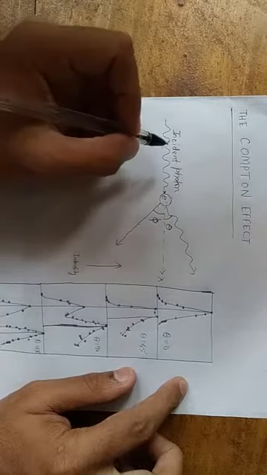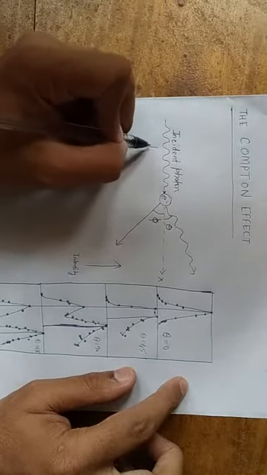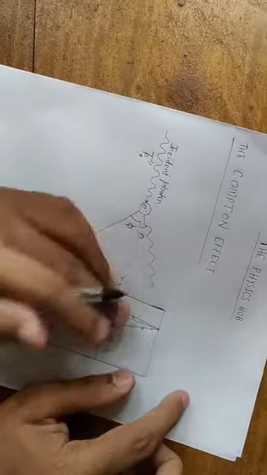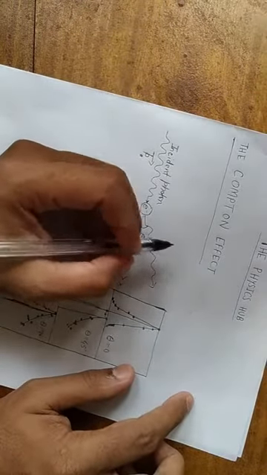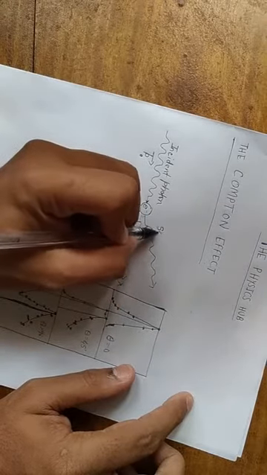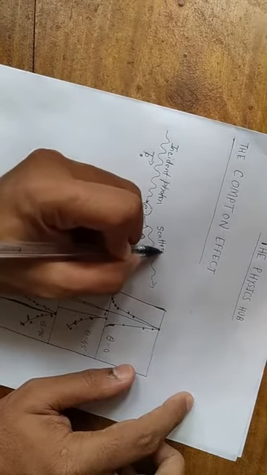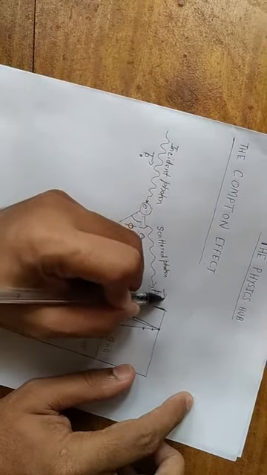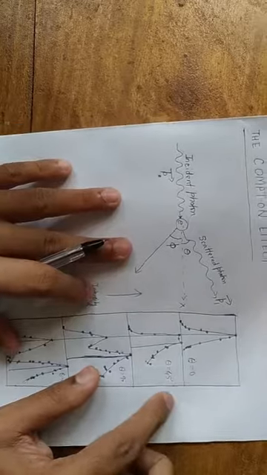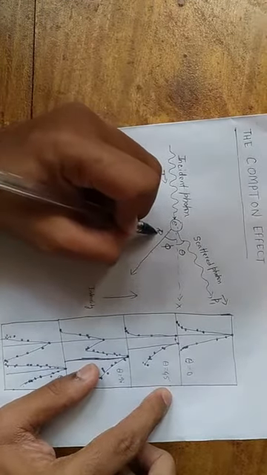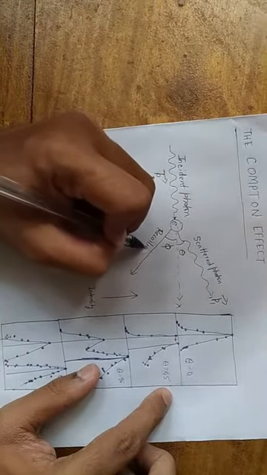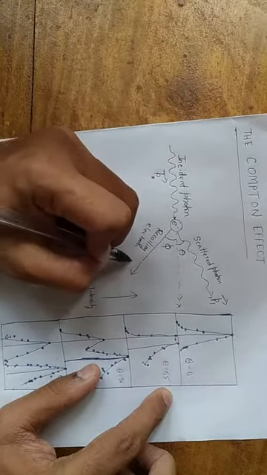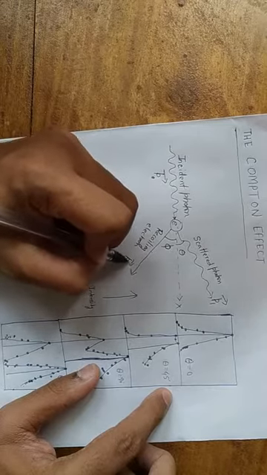This is the incident photon with, say, momentum p naught, and this is the scattered photon with momentum p1, and this is the recoiling electron with momentum p2.